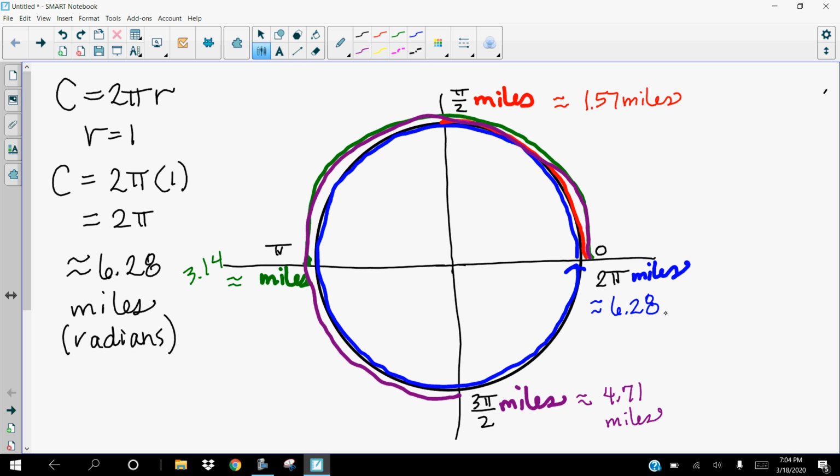So those are your mile markers. Those are the distances of the arcs. Those are the lengths of the arcs. Okay, so I'm going to write that down somewhere. Let's write it in a different color. Let's get back on black. Okay.